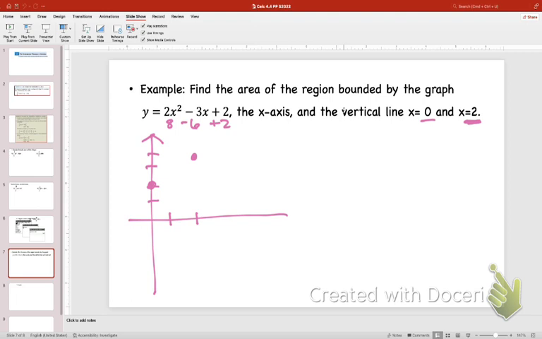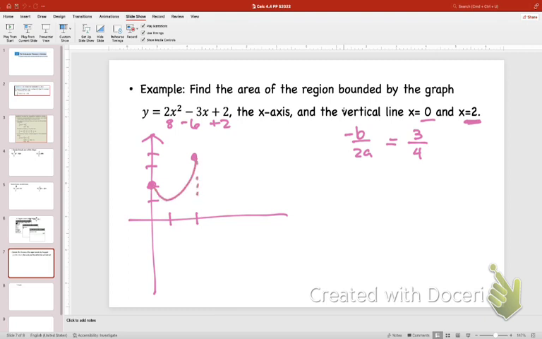We could find the vertex. The vertex of a parabola is negative b over 2a. So that would be 3 over 4. So we know it's at 3/4. If I plugged 3/4 in here, I don't think I'm getting anything negative, do you? No. So this graph comes down and up like this.